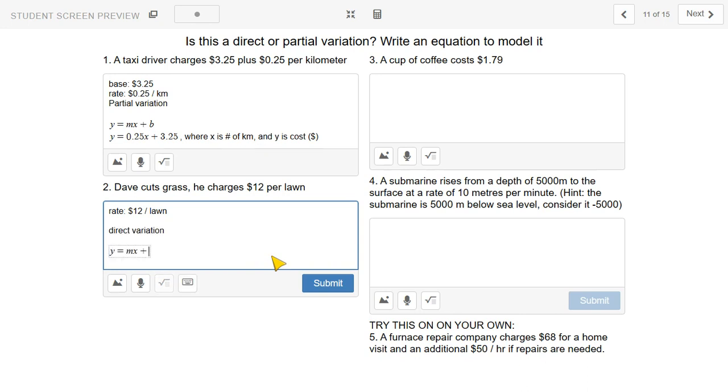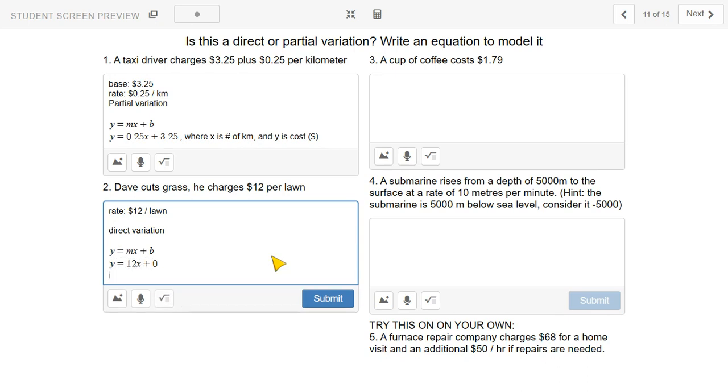And our equation y is equal to mx plus b, we're going to substitute it in. y is equal to 12x plus 0. Now, because it's plus 0, that's kind of silly for me to write it. So I'm going to just write y is equal to 12x. What do they represent? x, let's go back to our rate, per lawn.